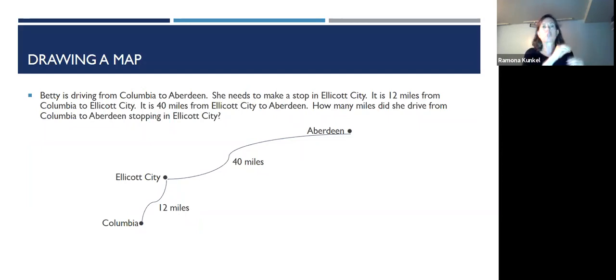So sometimes just drawing out Columbia, Ellicott City, okay, the problem tells me that it's 12 miles from Columbia to Ellicott City. It tells me that it's 40 miles from Ellicott City to Aberdeen. Now I can visually see what's going on in this problem. And I know that I need to add these two numbers together.